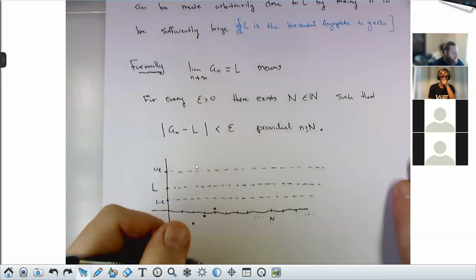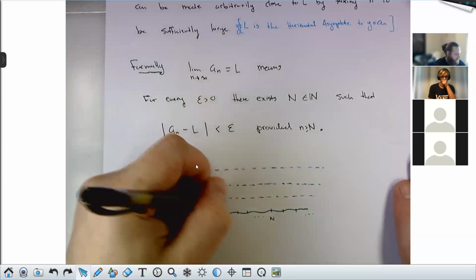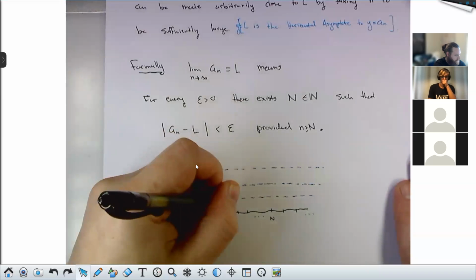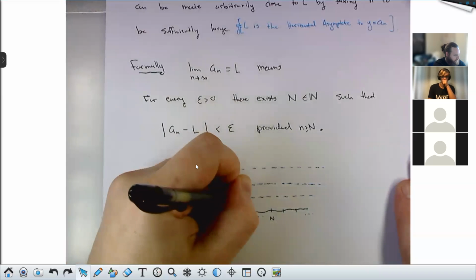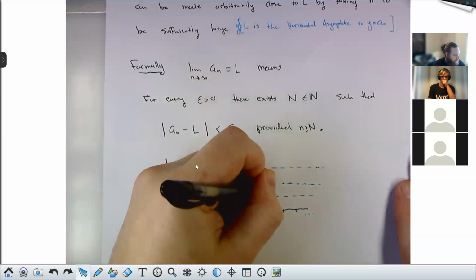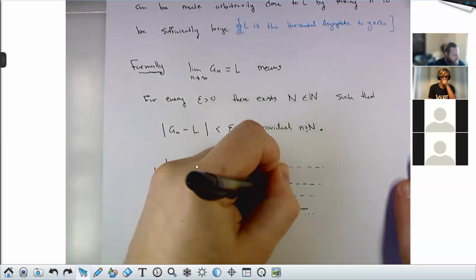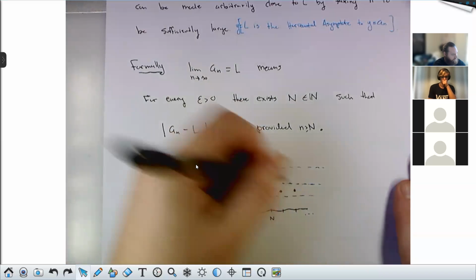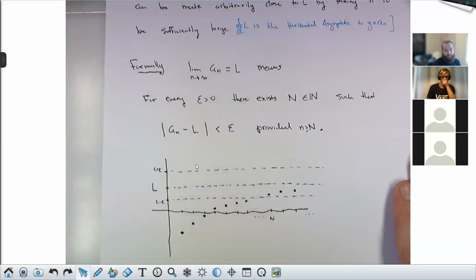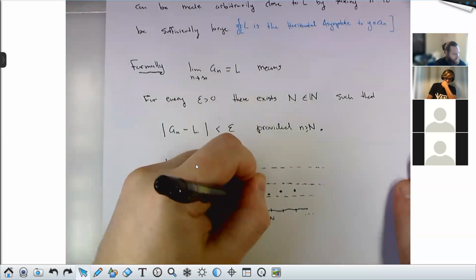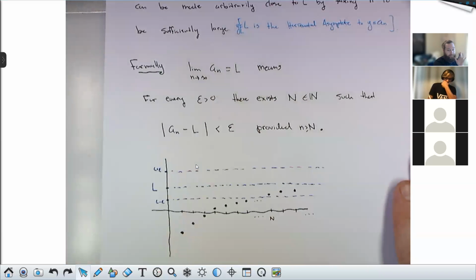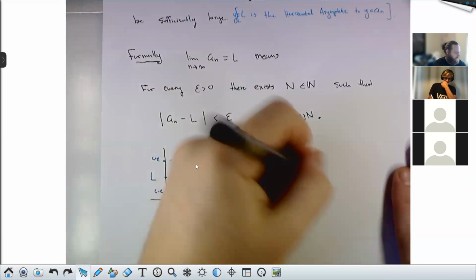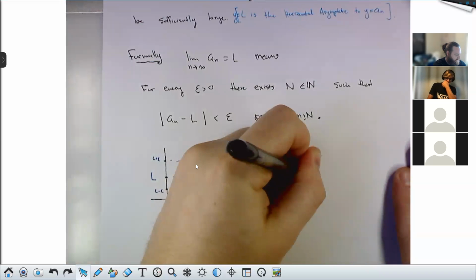It might jump back down. It might come into this window. It might come out of this window. But the important thing is that once we're past capital N, it stays in this window. And hopefully continues getting closer and closer to this line.